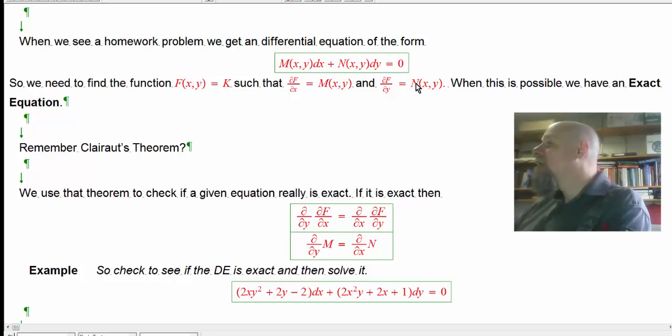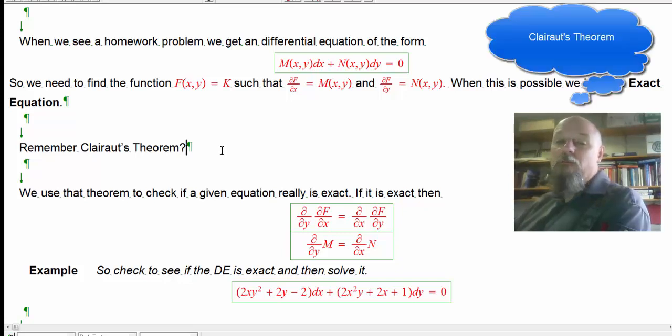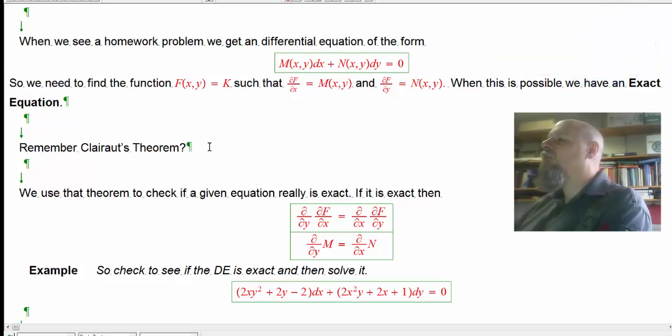How can I check? Well, remember Clairaut's theorem? Those of you with multivariable calculus will nod knowingly. No, maybe not. I remember when I first learned Clairaut's theorem, I remember the consequence of it, but I forgot the actual name. The idea is this.